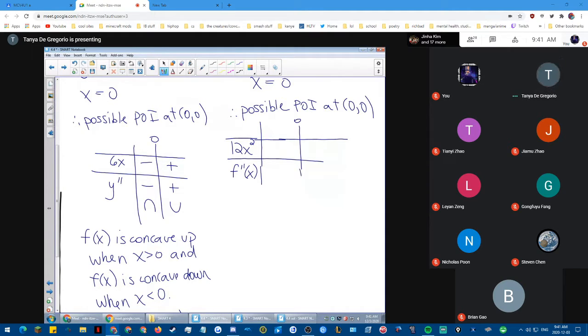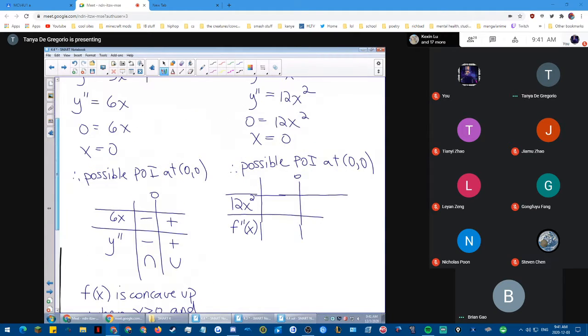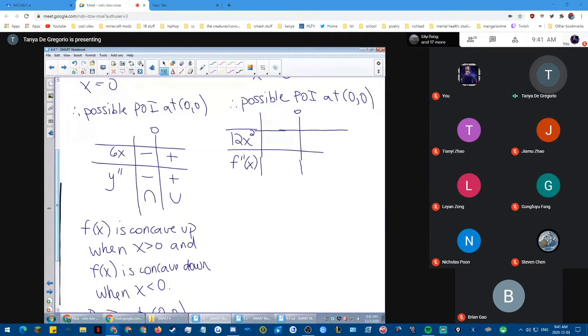All right, so to the left of 0, am I positive or negative? Good, positive. I've got x squared, yes? Because I have x squared, I'm always positive. That means I'm concave up for both. So do I have a point of inflection? No.